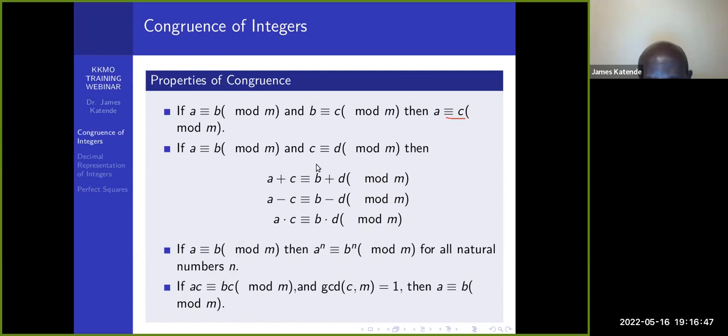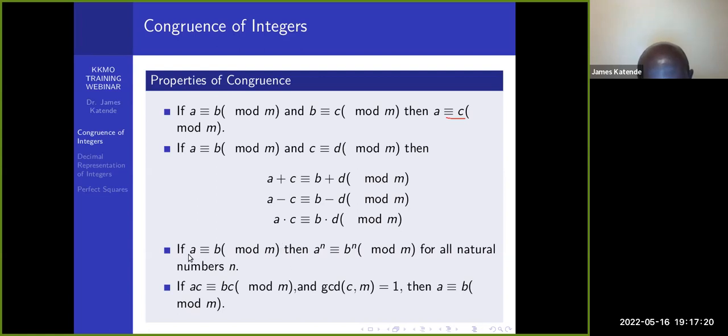So A minus C is congruent to B minus D modulo M. This will always work. And then I can also multiply the same sides of the congruences. So A times C will be congruent to B times D modulo M. This property, the one I'm outlining here, leads to the next one.